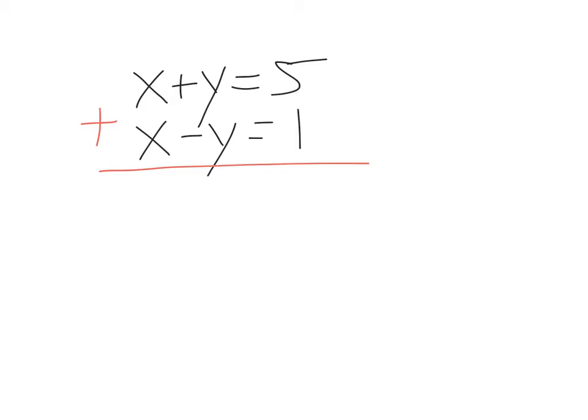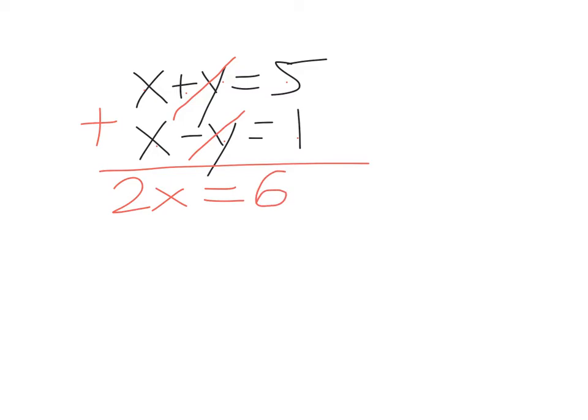Well, watch what happens when I do that. x plus x, well, that obviously is 2x. A positive y and a negative y cancel each other out. Equals 5 plus 1, which is 6.